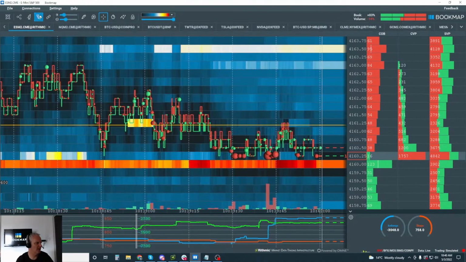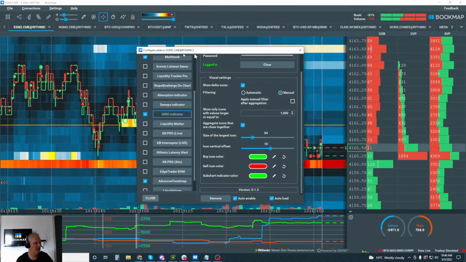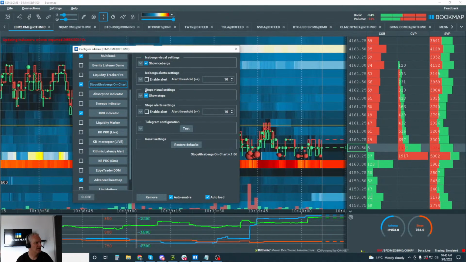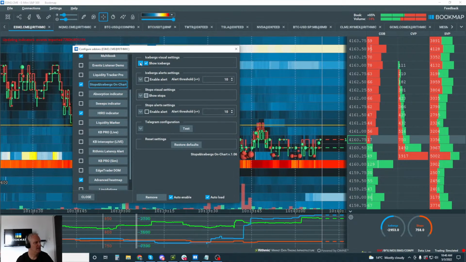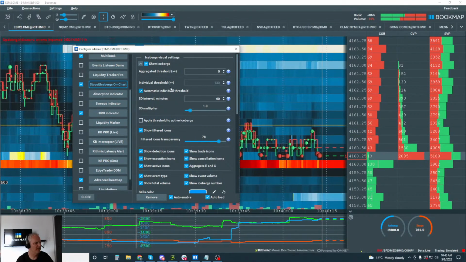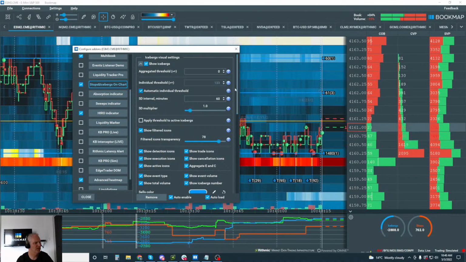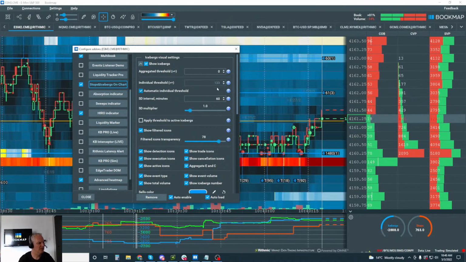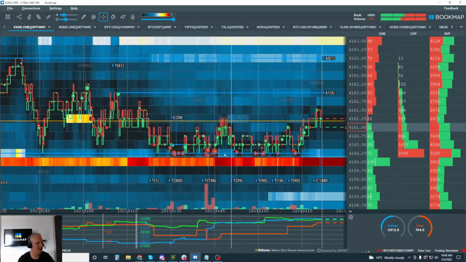Let's turn our icebergs on chart, and I'll use the automatic threshold. There we go. All right, there's our icebergs.